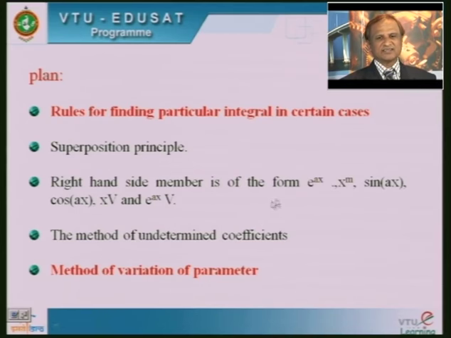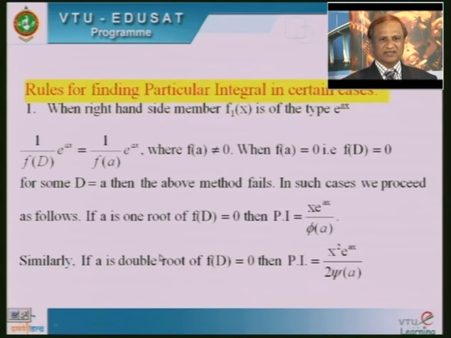So when the right hand side member is of these types, we can use one method. Sometimes we have to use another method, namely undetermined coefficients, or we can use the method of variation of parameters. So we can use these two methods to find a particular integral, and I will explain how to use them.